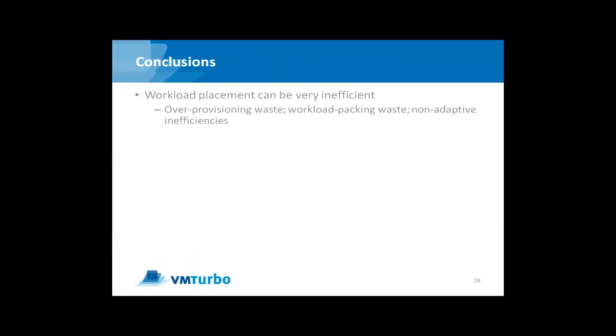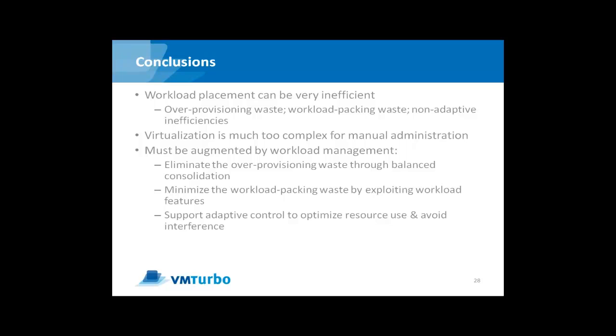So let's take a look at the ways to overcome these inefficiencies by looking at how you can do this with VMTurbo. The problem we're addressing is workload placement, eliminating the inefficiency and the complexity.